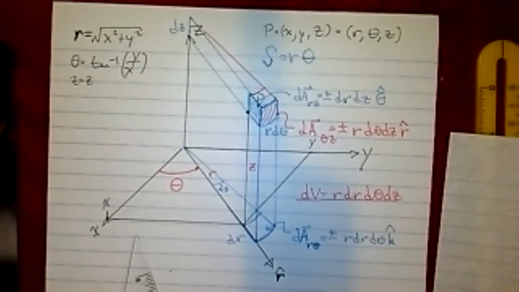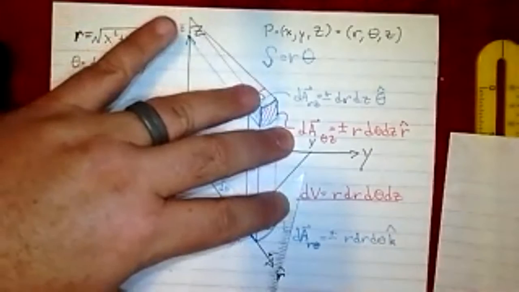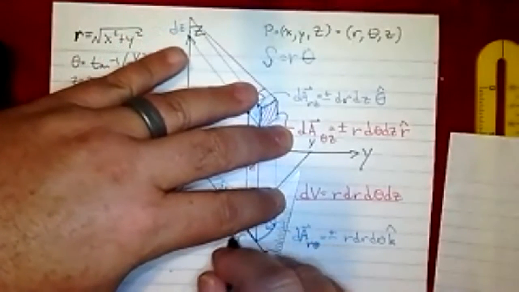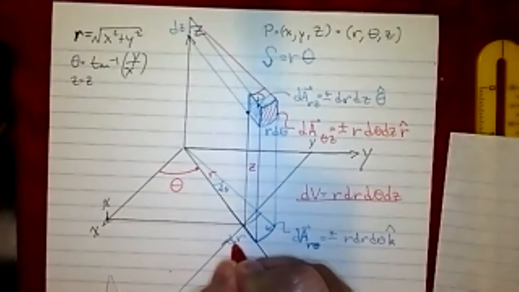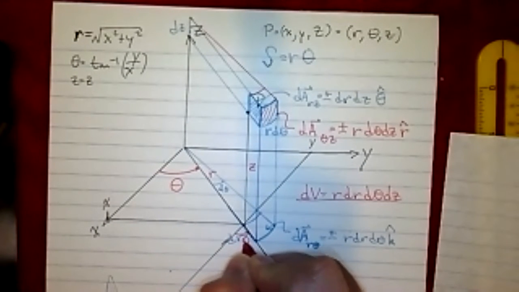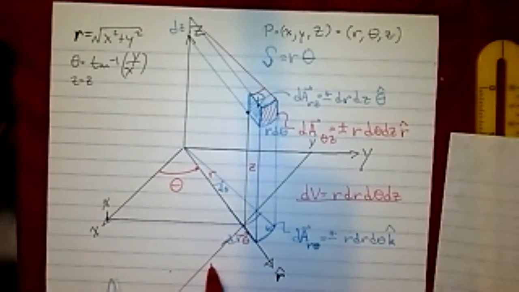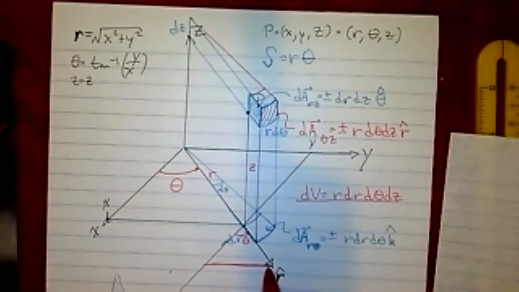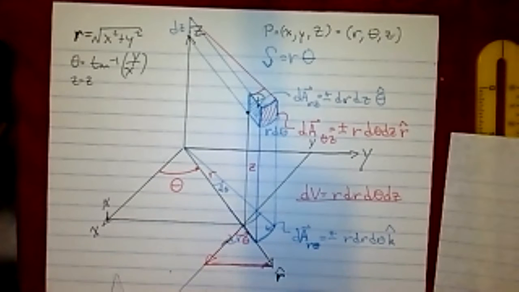I'm going to work it out as if I'm going to have to change it to 1 unit, but that's because I know what the results will be. So that's r hat, and then you can tell from this, tracing the x-axis over to here, that in fact this angle right here is theta, and this is in the xy plane. So you know the y component is parallel to the y-axis, and you know the x component, of course, is parallel to the x-axis.